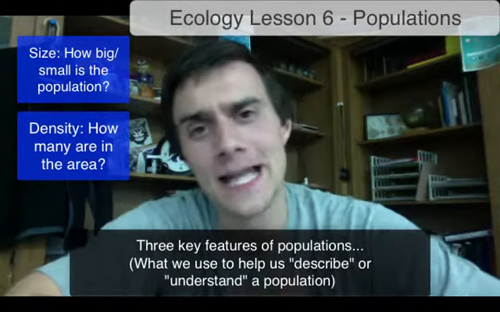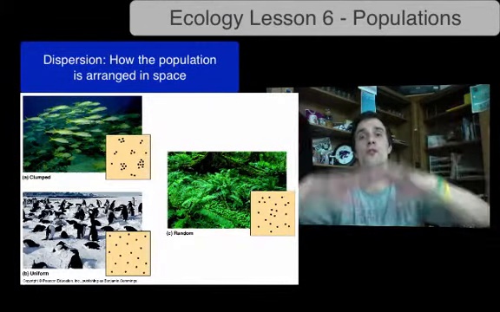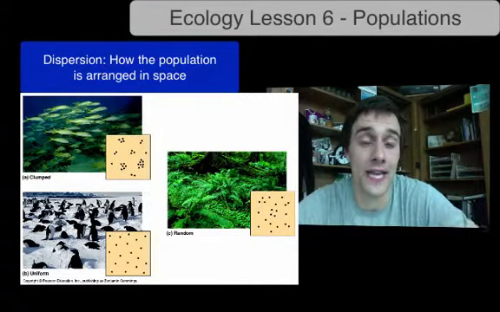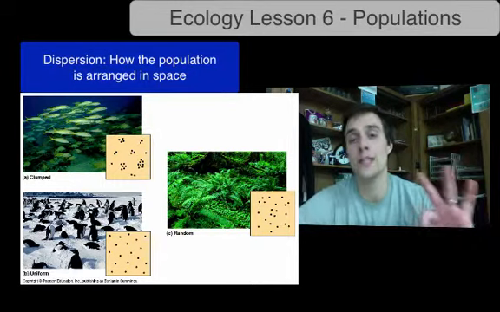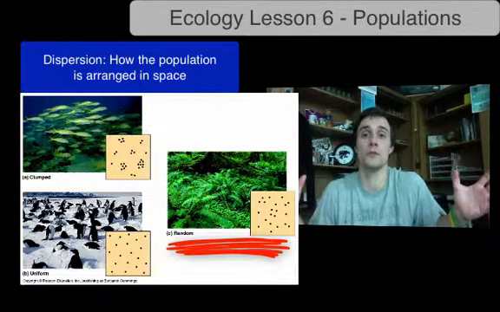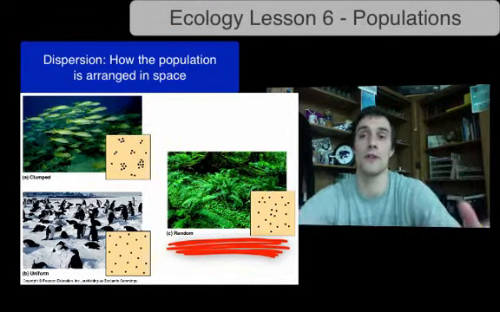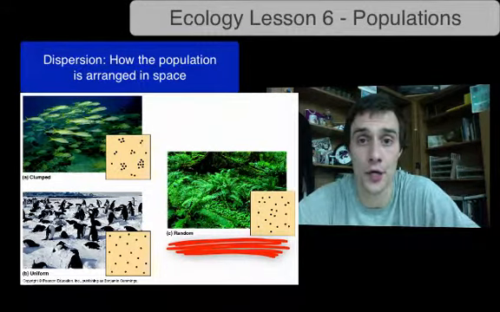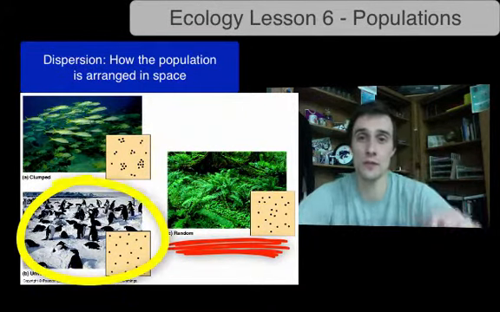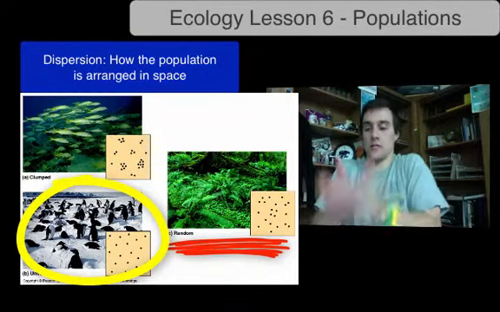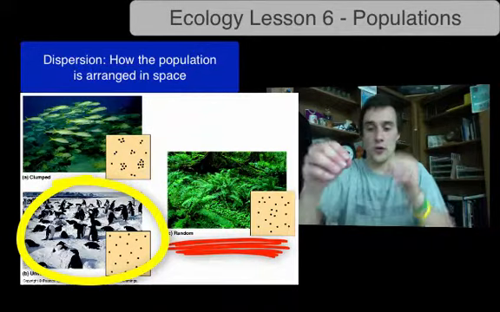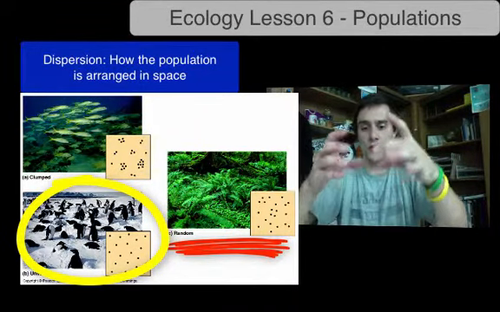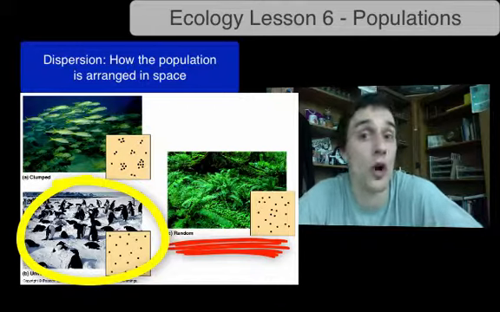The last of the 3 key factors is dispersion, or how those individuals are spread out amongst the area that their population is inhabiting. There are 3 types of dispersion. There's random dispersion, which means the individuals of that population really have no rhyme or reason to why they are where they are. There's also even distribution, where they typically have a set area, and other organisms in that population are roughly the same distance away from them as they are from others.